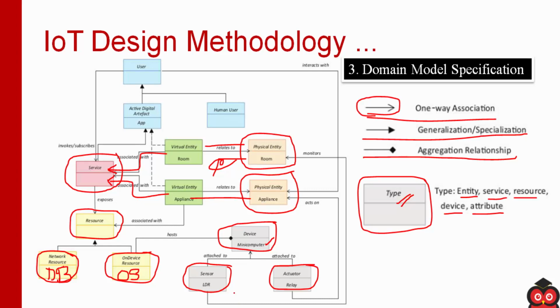And you can see here, what is this sensor doing? The sensor is monitoring the light inside the room. And what is this actuator doing? What is the relay doing here? It is acting on the appliance, which is the light bulb. So if the user switches on the bulb, it will switch on the bulb. If the user switches off the bulb, it will switch off the bulb.